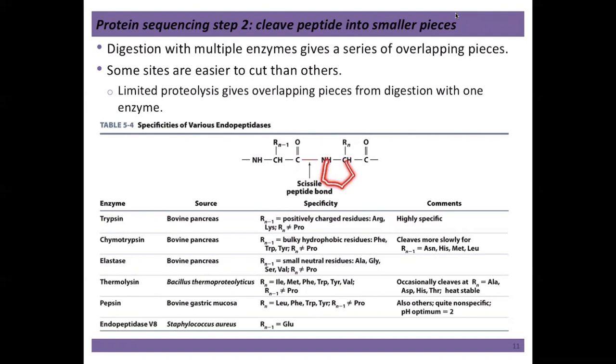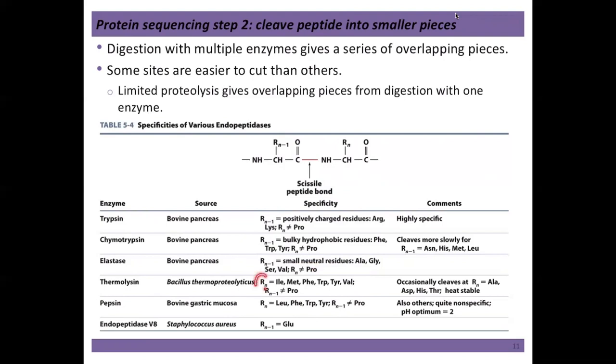So if you have the proline there, it makes it more difficult to cleave that amide bond. And so you see most of these won't cleave when the following residue is proline. So here's another one that cleaves after small neutral residues like alanine, glycine, serine, valine. Again, you can't have proline at that position.